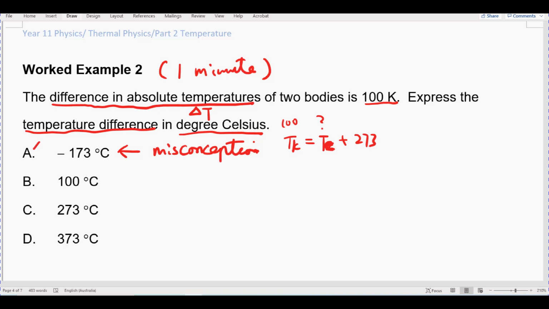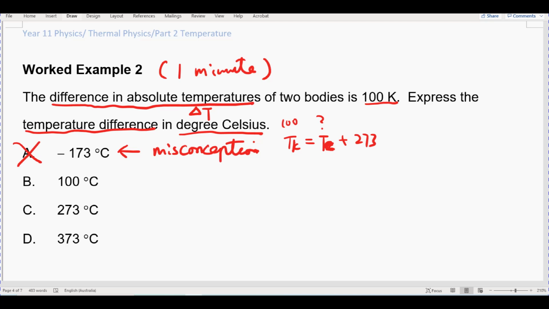But this is wrong. Why? Because you are talking about the difference in temperature. That's why you don't use the conversion formula when you are talking about the difference in temperature, when you are talking about delta T.